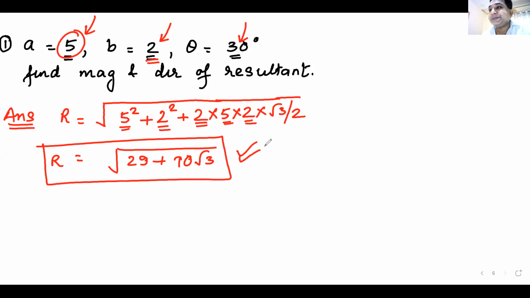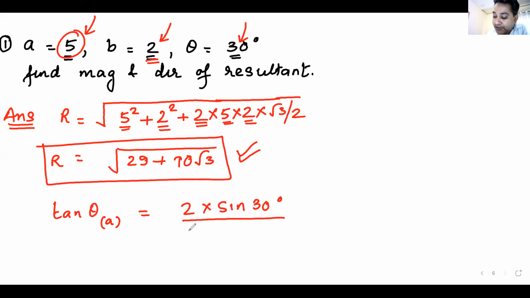Am I clear? Right. How do I get the angle with the x-axis? So tan theta, not with the x-axis, with the vector A. How will I get the angle with the vector A? So I take B into sine of 30 divided by A, which is 5, plus B times cos of 30.